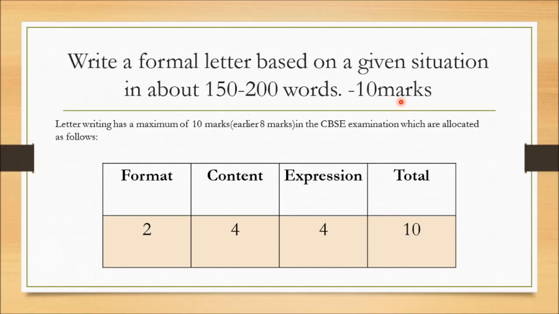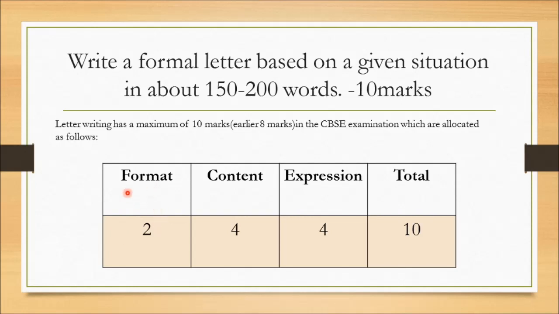Earlier it was 8 marks, but there is an update in the marks from this year. The board has increased the marks from 2020-21. The marks distribution is altered a little, and this is the way the distribution of marks takes place. You can see this table, all of you.